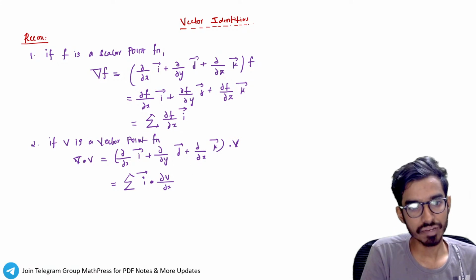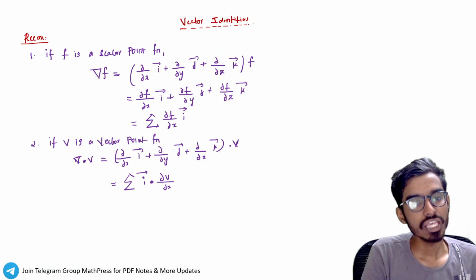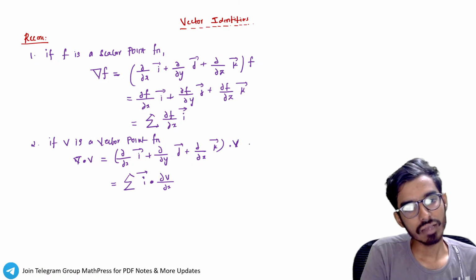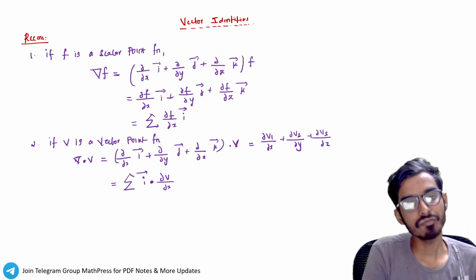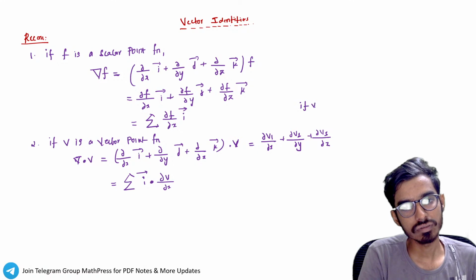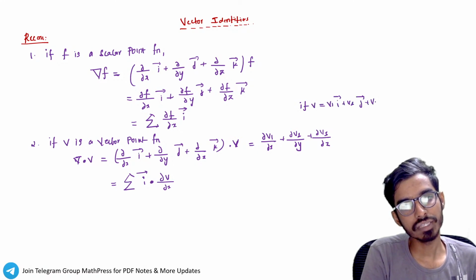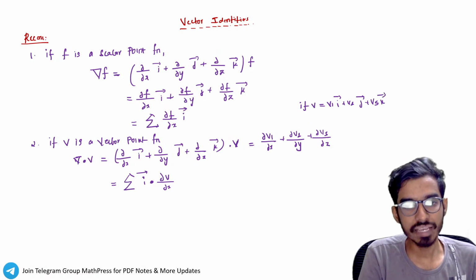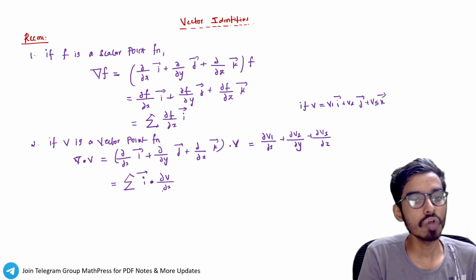For example, v is a vector point function, so we will write this as dou v1 by dou x plus dou v2 by dou y plus dou v3 by dou z, if v is v1 i plus v2 j plus v3 k. Then this can be written like this, and both are the same: the summation of i dot dou v by dou x.